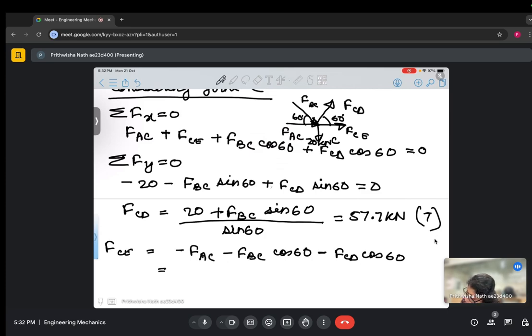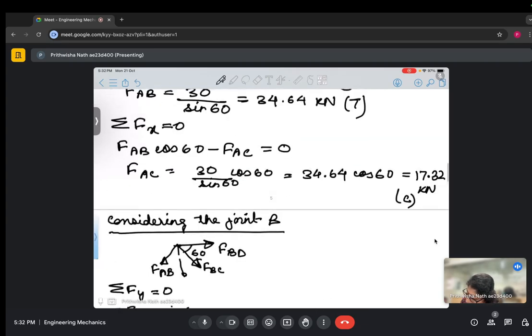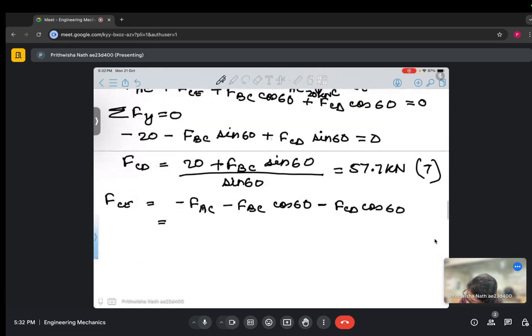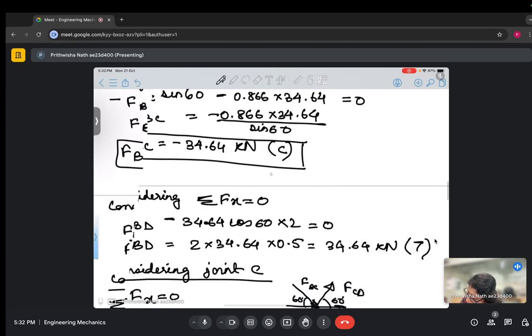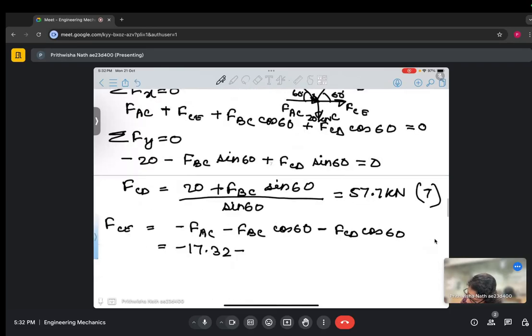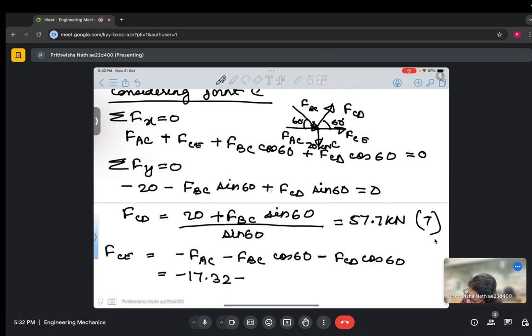Now AC, what is FAC? AC is, we know, 17.32 minus 17.32. BC is nothing but, it is in compression, 34.64. And this is 57.7 cos 60.